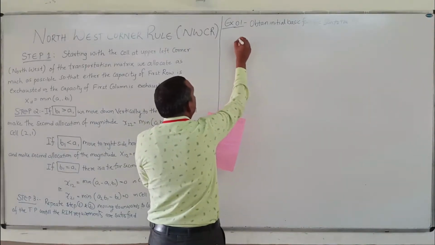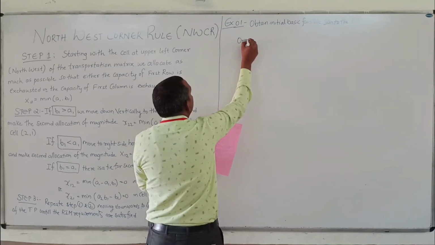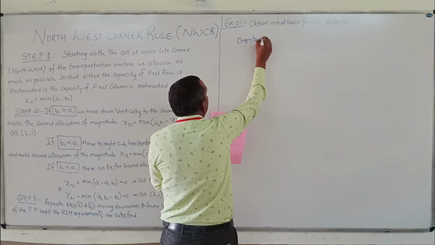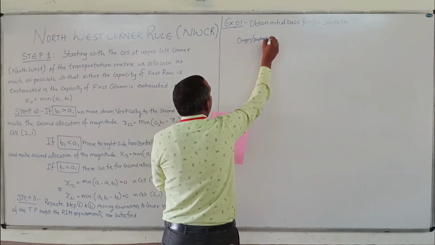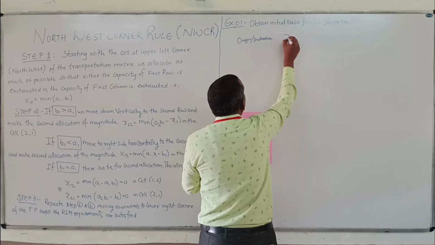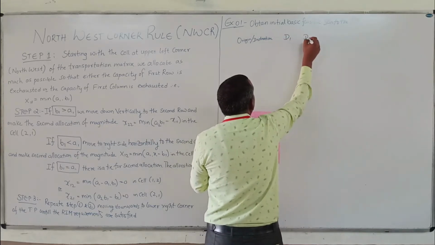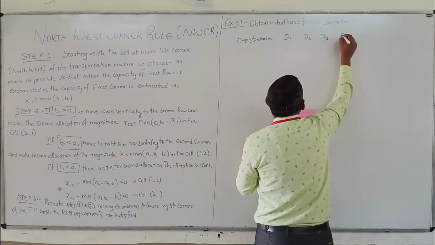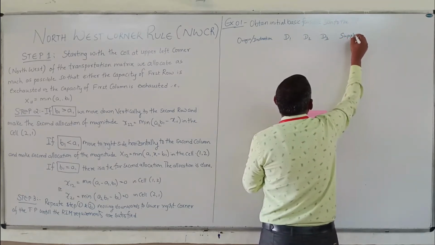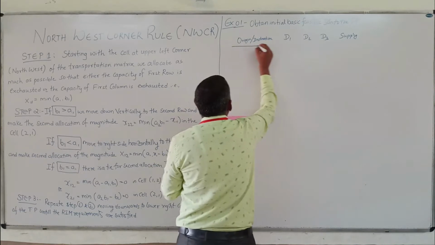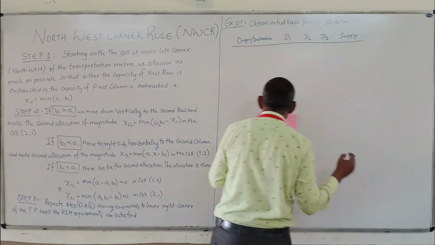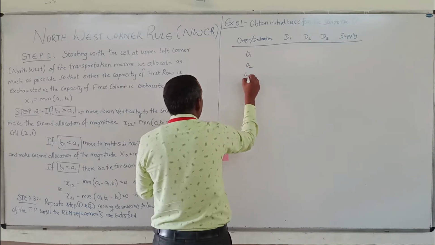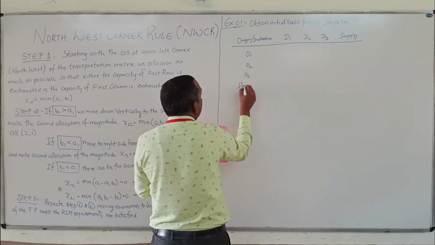That is origin slash destination. Fine? So it is destination D1, D2 followed by D3, then it is supply, followed by origin 1, origin 2, origin 3, then demand.